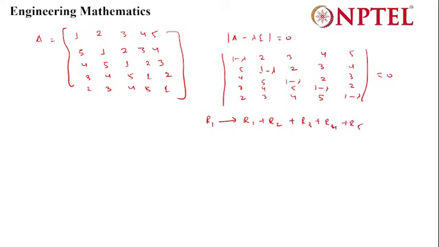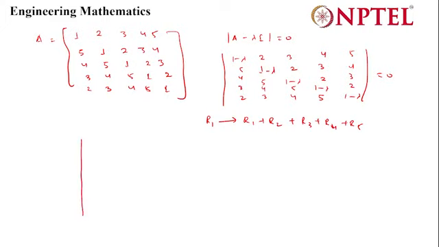If you do any kind of row operation or column operation, your eigenvalues will not be changed. So we can do the row operation here.